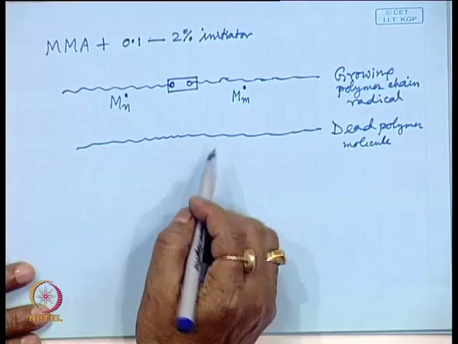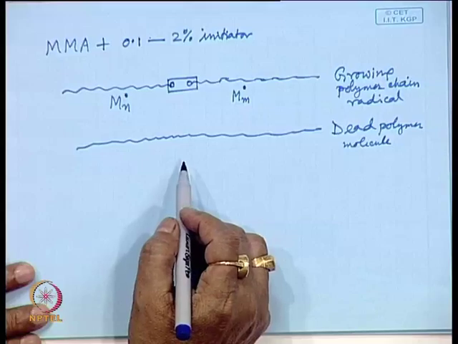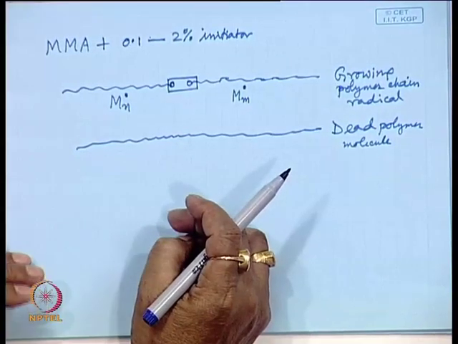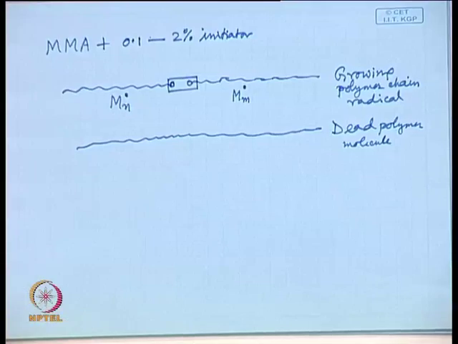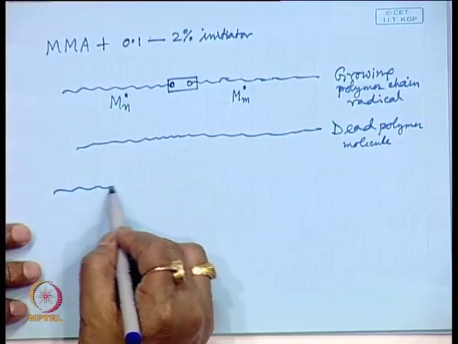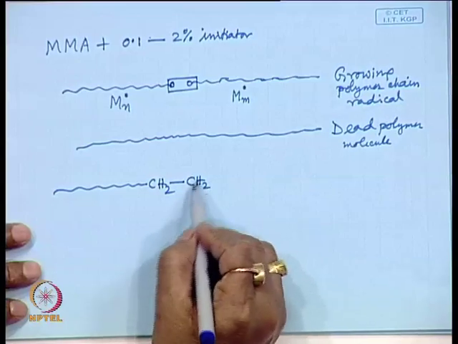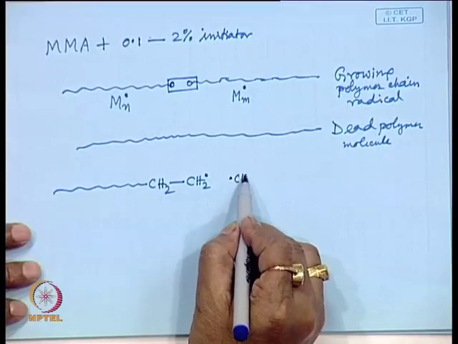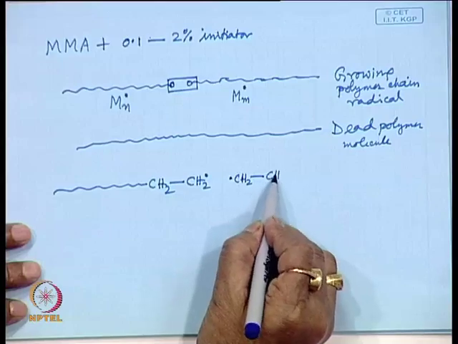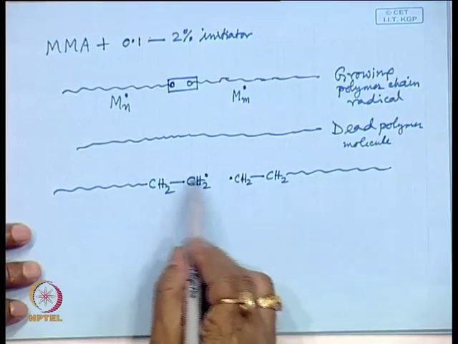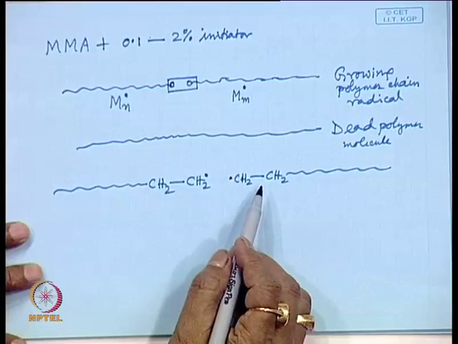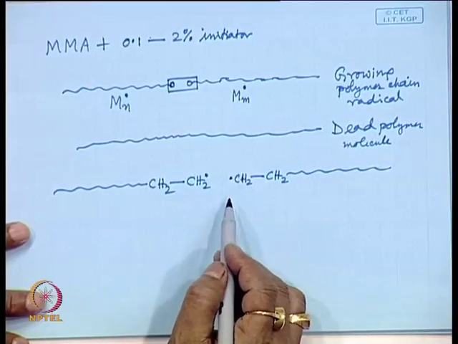Now, there can be another case where two growing chain radicals interact through disproportionation to stop their growth activity. How does that occur? If I show it this way, showing only one monomer unit at the end of those growing chain radicals, what can happen?